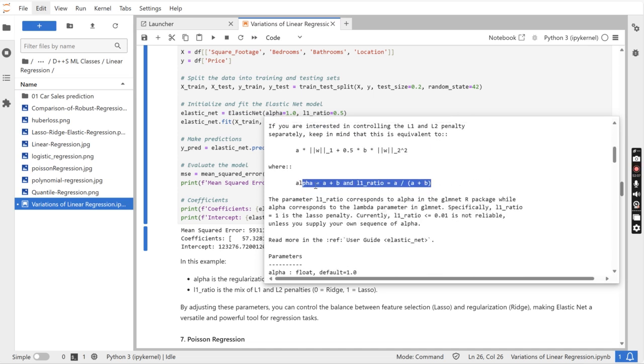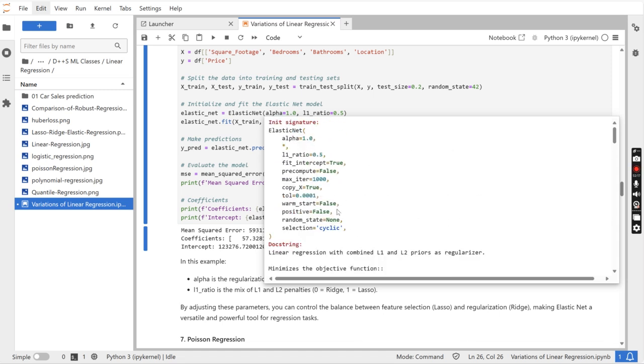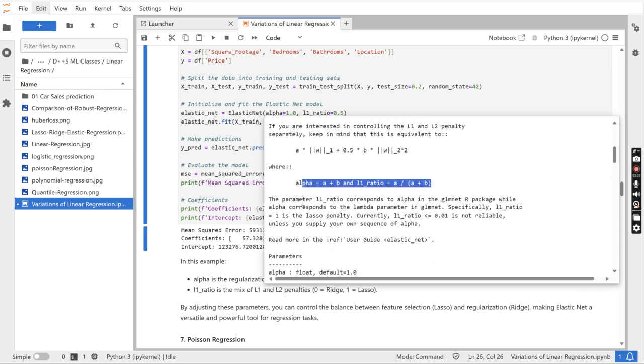You are absolutely right, alpha is the learning rate, but for other algorithms. For elastic net it seems to indicate something else. It's no longer the learning rate.